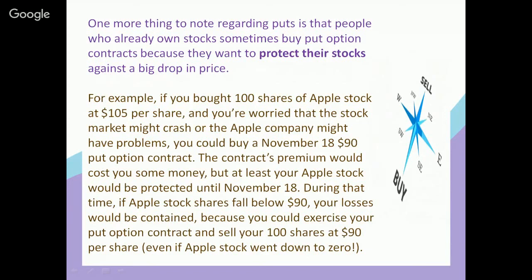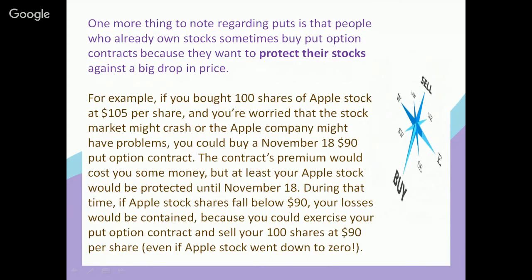You could buy a November 18 $90 put option contract. The contract's premium would cost you some money. Remember, you have to pay a little bit of money, a premium, to buy a call or a put. But at least your Apple stock would be protected until November 18.